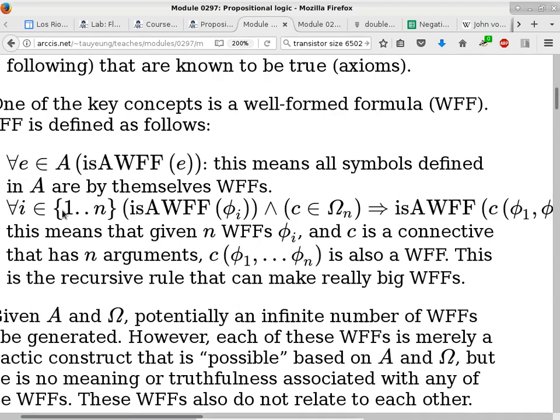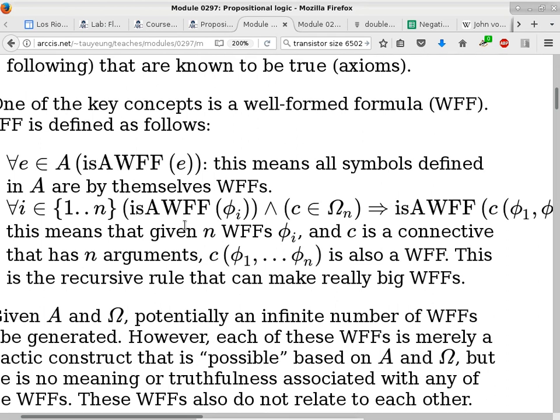For all i, where i is from 1 to n, you have to basically find me phi i. They are asserted to be well-formed to begin with. So you have to give me n well-formed formulae. They are known to be well-formed already. So give me n of those things. The second one is I'm picking a connective c from omega n.